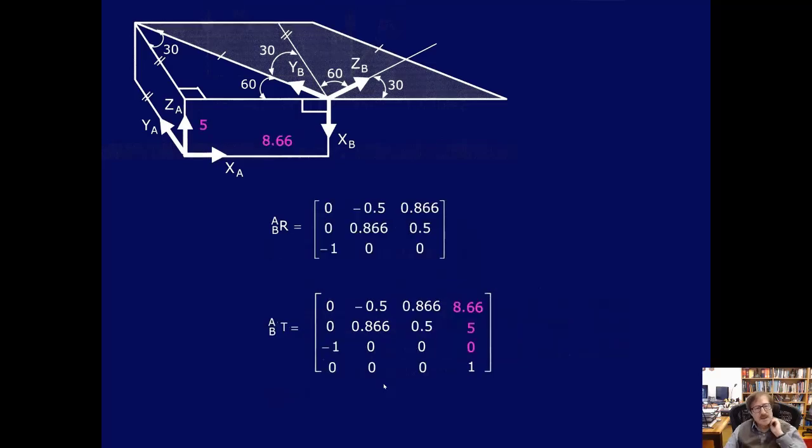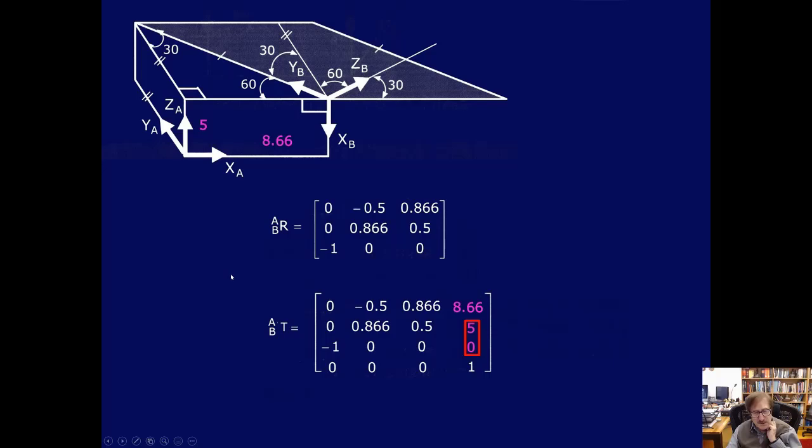So okay, I should actually correct this part. I thought that this was the y-axis while writing it, but this is the z-axis, so it should be 8.66 in the x direction, 0 in the y direction, and 5 in the z direction.